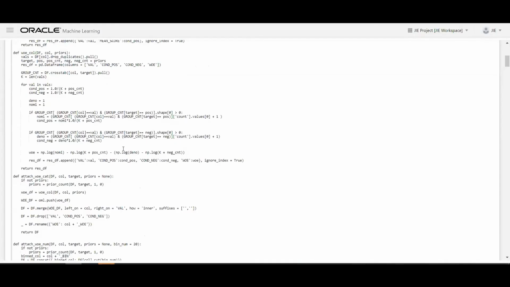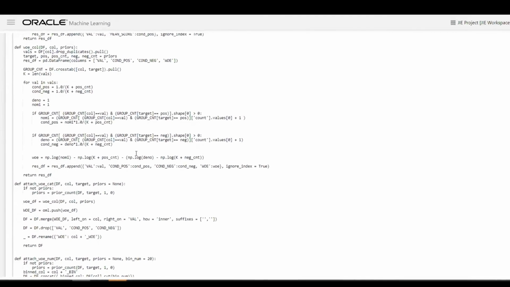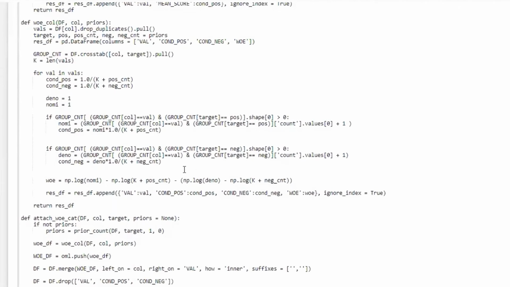But one thing I do want to highlight is that when we implement this, because we want to calculate a log ratio, you do not need to calculate the ratio itself, because when you do the divide, you may end up with a numerical precision problem.